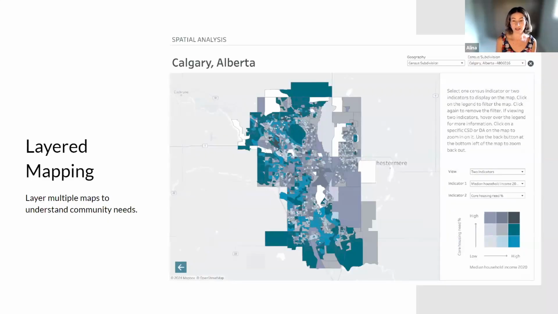This layered mapping, for instance, allows you to look at two indicators at a time. This one's just showing you a screenshot, but I'll show it to you live.